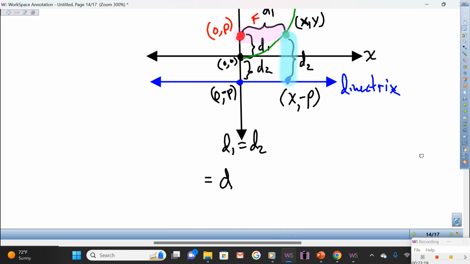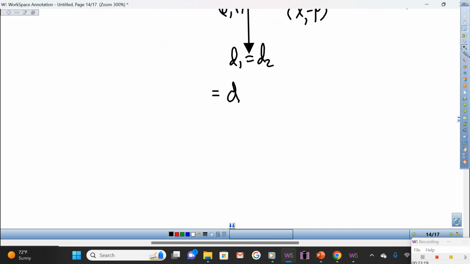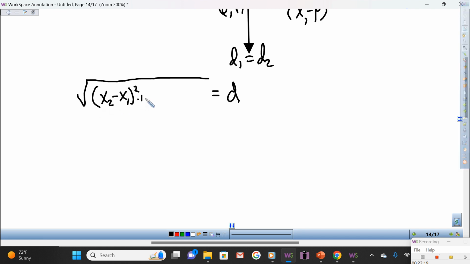D equals square root, parentheses, x sub 2 minus x sub 1 squared plus y sub 2 minus y sub 1 squared equals distance. So far so good, yes?